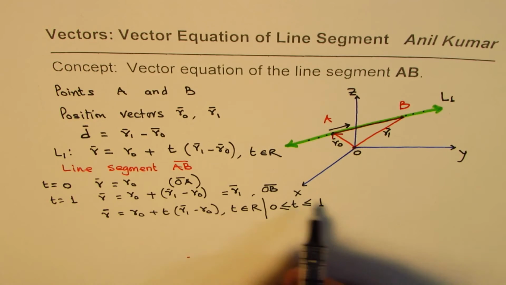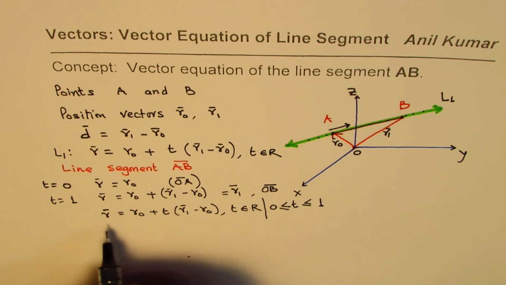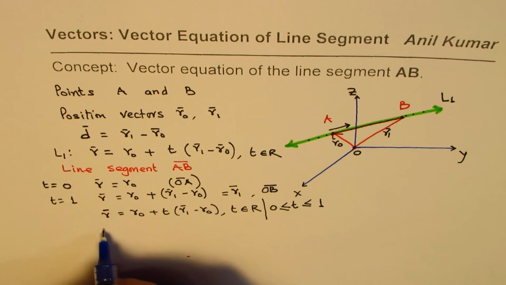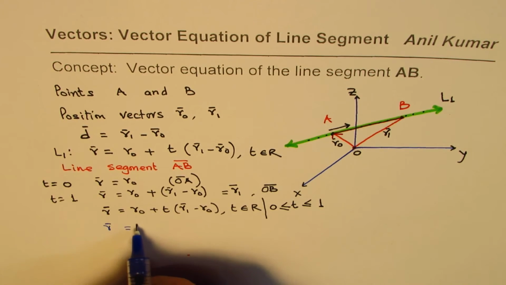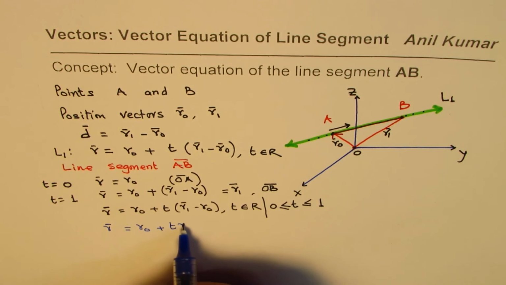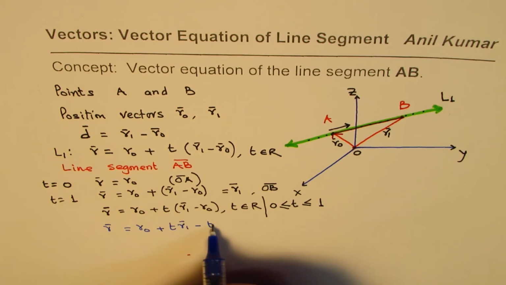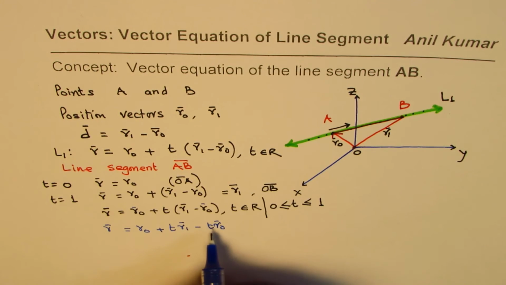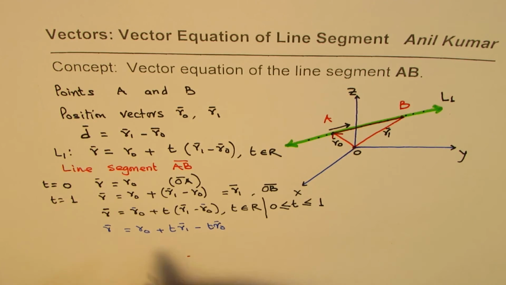Sometimes we do rearrange this equation. Let me do that, but this is also the right equation for the line segment. So we can write this also as r equals r0, we open the bracket, so we get plus t r1 minus t r0, right? These are vectors. And then we can take r0 common.